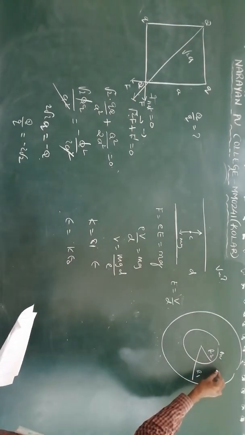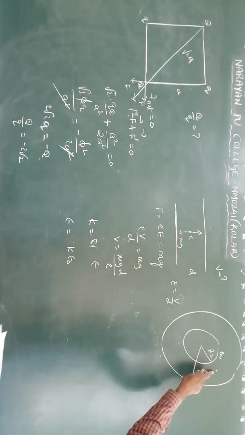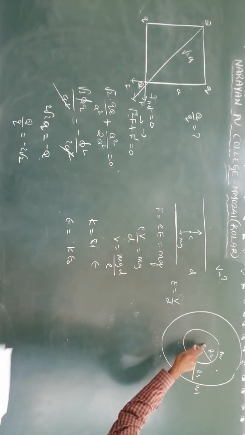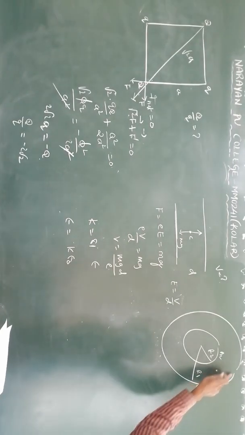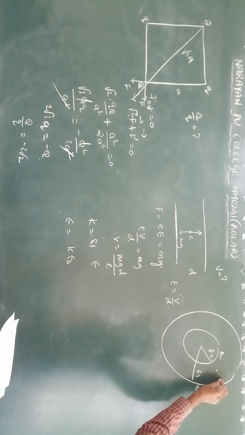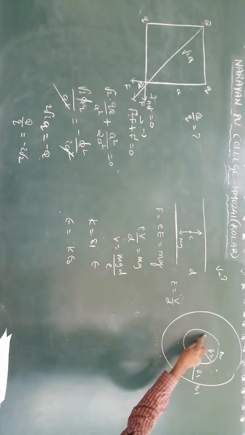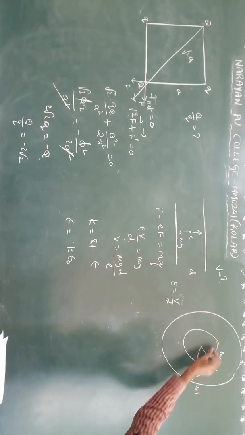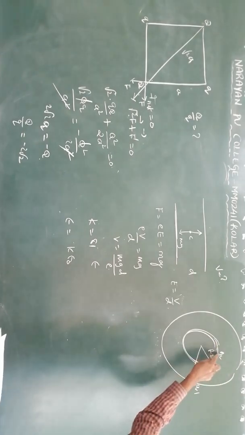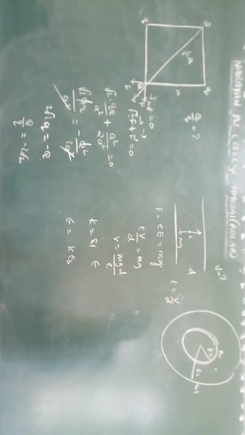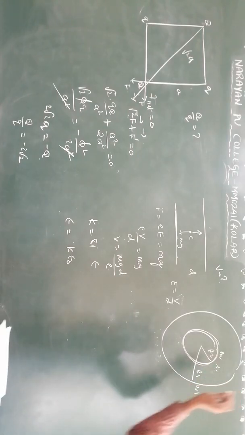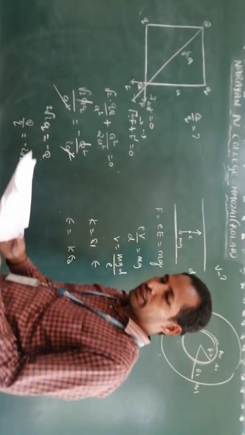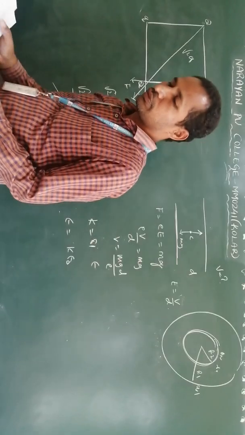They are asking for the electric field at this point. This point is outside the first hollow sphere and inside the second hollow sphere. So inside the first, the electric field is 0. For this sphere the point is outside, so this contributes the electric field here, that is Q2. So 1 by 4 pi epsilon naught, Q2 by, what is the distance given? R. So R squared.